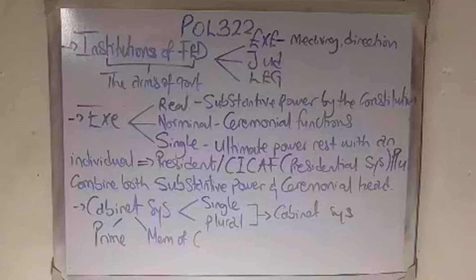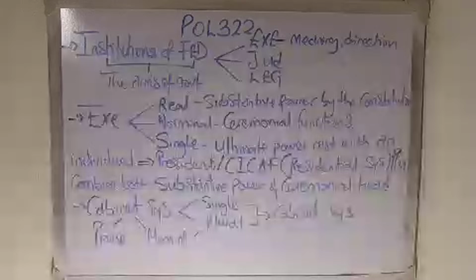oversight functions as well. It's not just the making of law, the amendment, and the repealing of law. They also have other oversight functions, which involve various activities concerning the running of the state. Take for instance, they must be involved in issues concerning the declaration of war and the declaration of emergency in any part of the state.